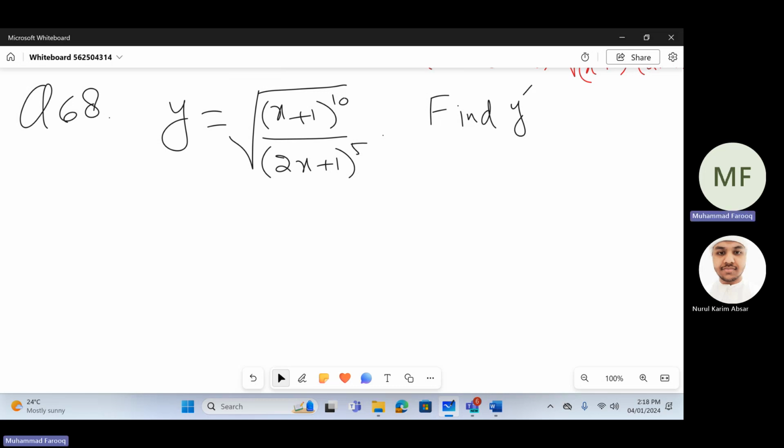So you have taken half outside, okay. Then you have x plus 1. When you are using the subtraction property, this ln also comes here. Means ln numerator minus ln denominator.